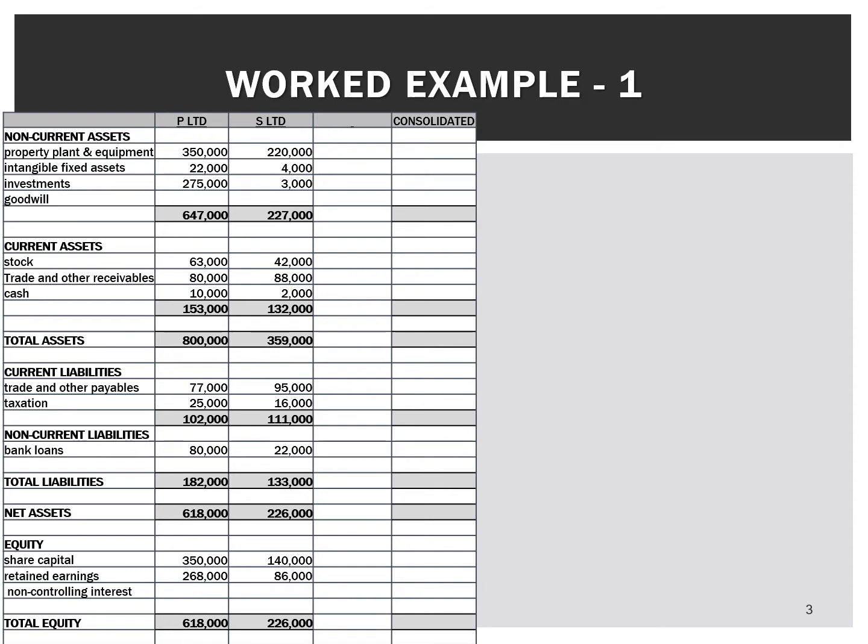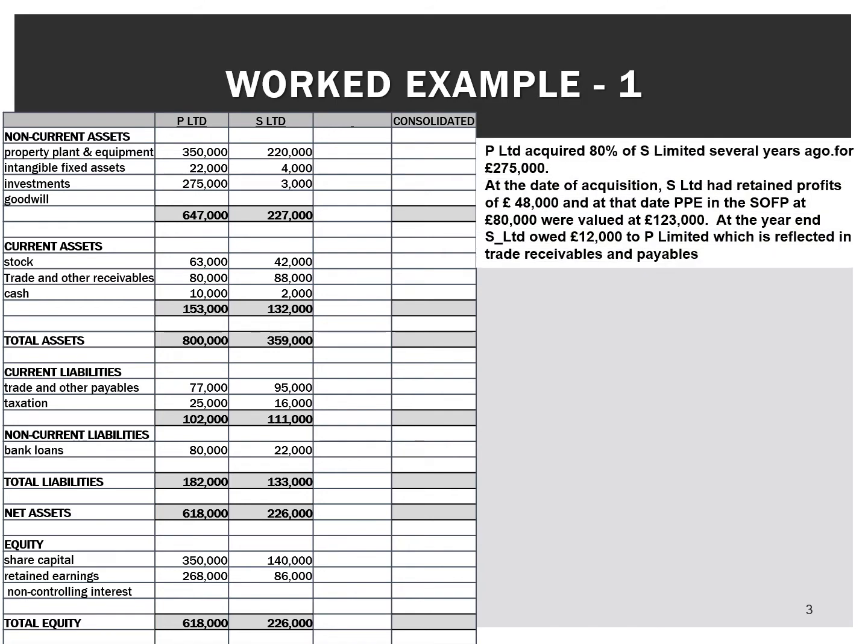So there are the individual balance sheets, and we're given some additional information. The parent company acquired 80% of the subsidiary for a price of £275,000, and on the date that we acquired those shares, the subsidiary company S Limited had already got retained earnings of £48,000.